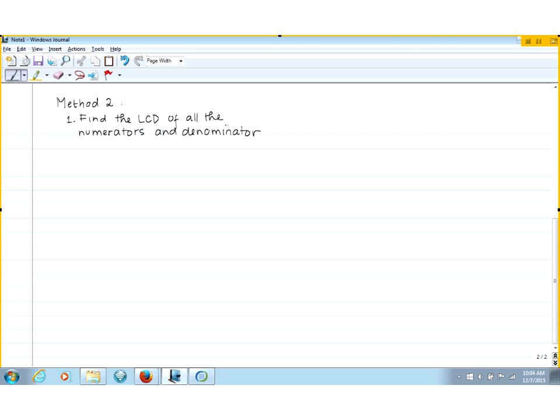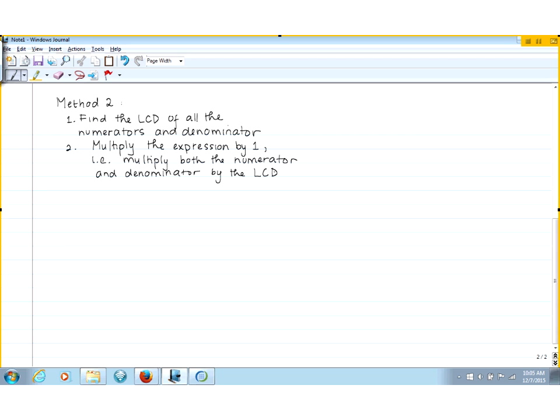So multiply the expression by 1, i.e., multiply both the numerator and denominator by the LCD. All right, so that's method 2.